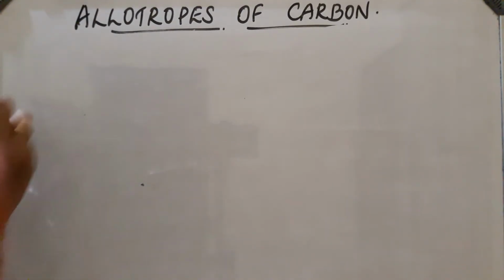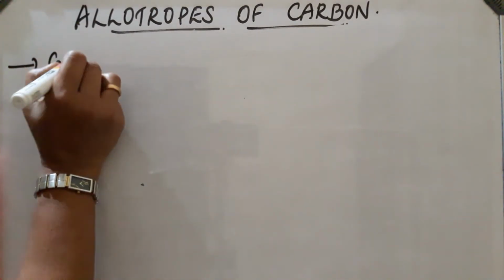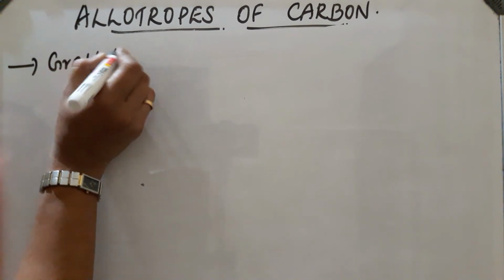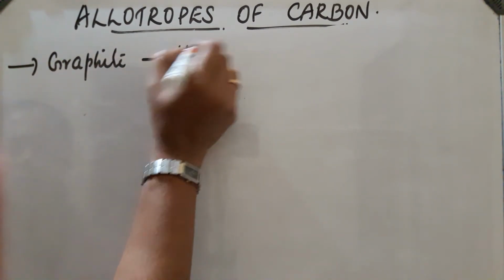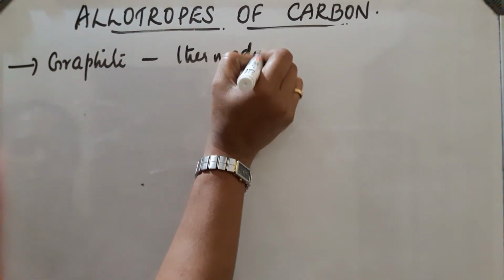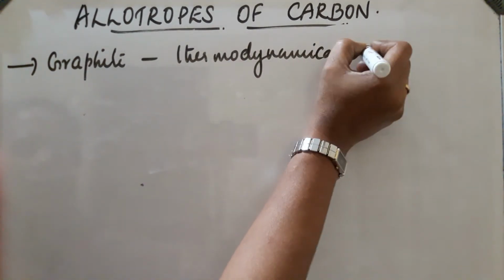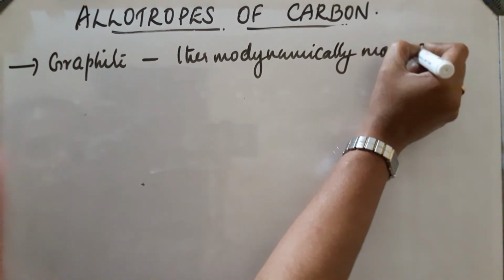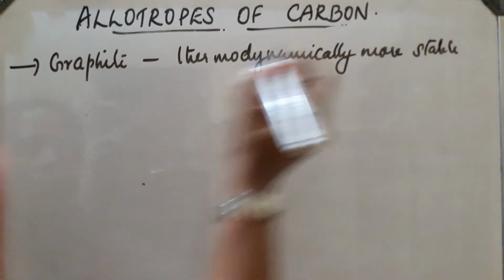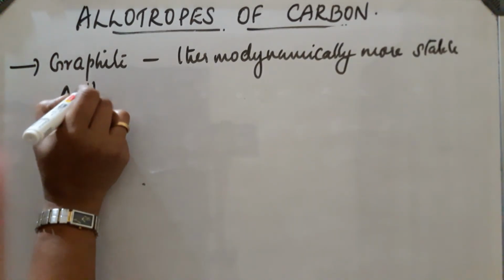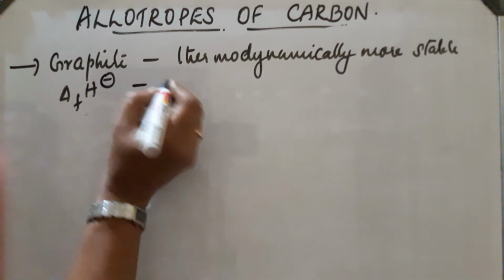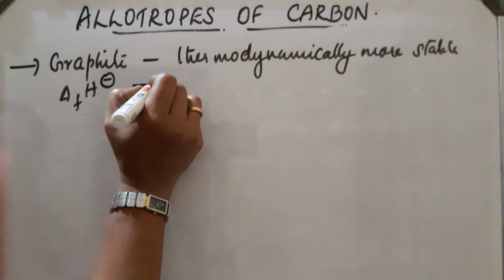Next, graphite is thermodynamically more stable, and its enthalpy of formation is found to be 0.